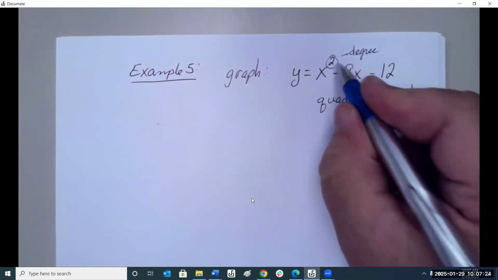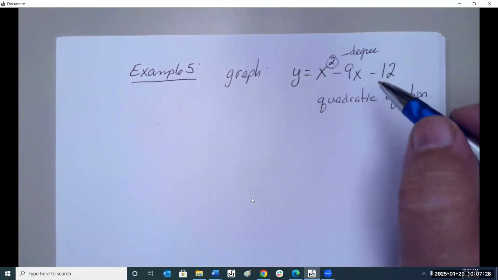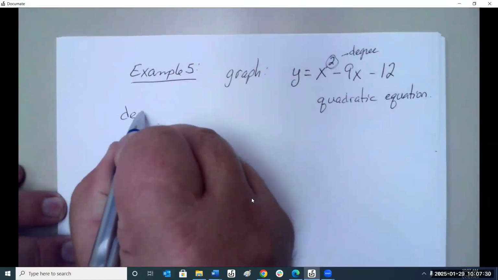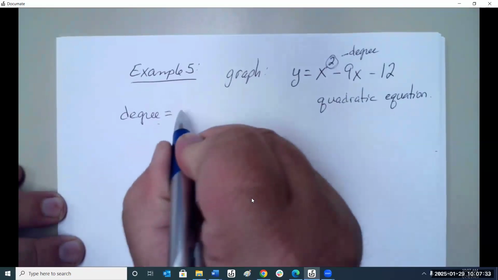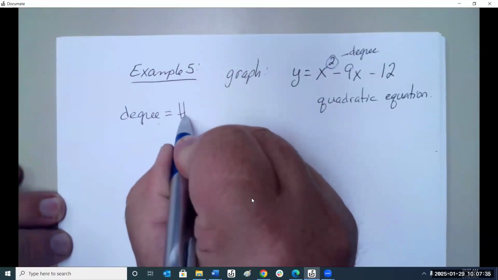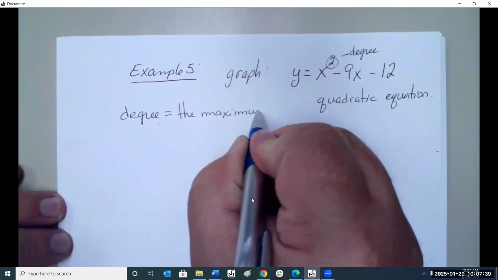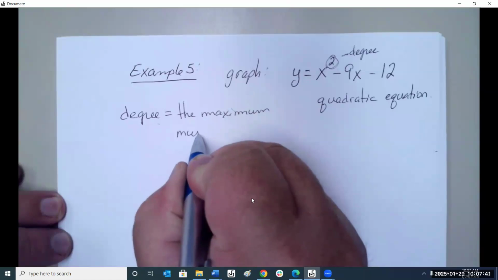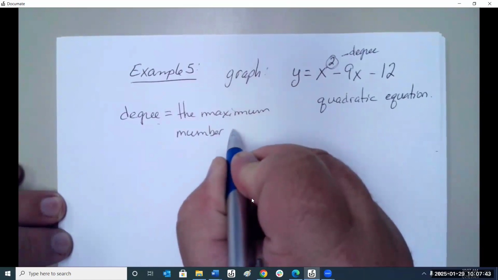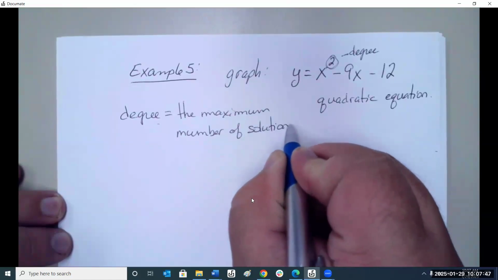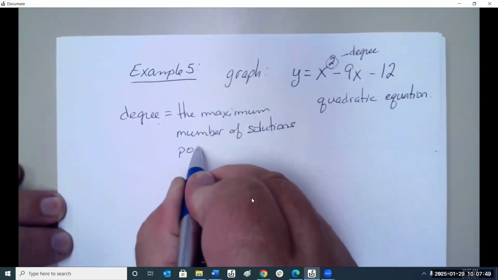The degree tells me how many answers, how many solutions I can have. The degree tells us the maximum number of solutions possible.